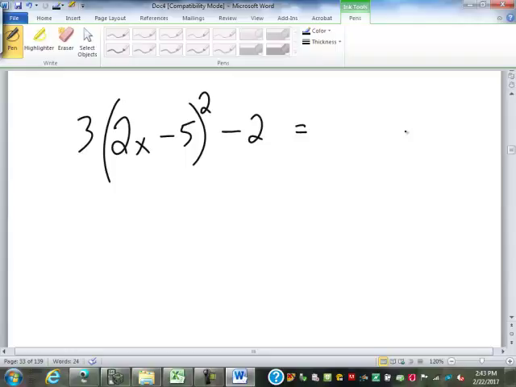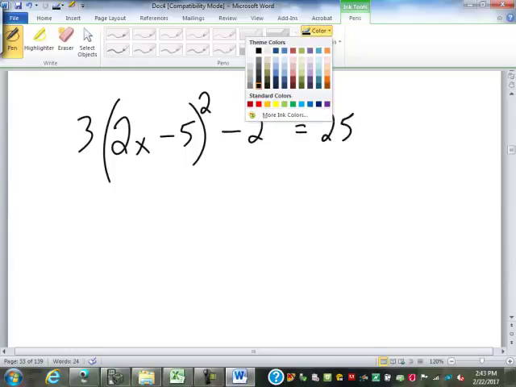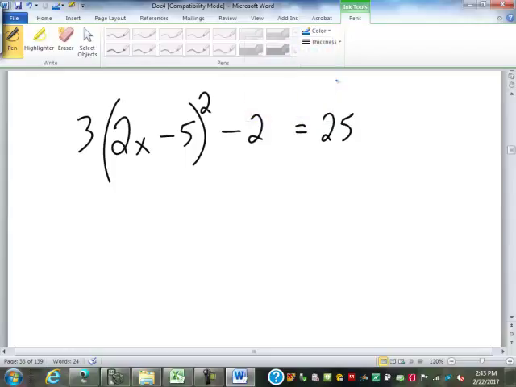Oh, let's see. 3 squared is 9, 27, 25. So looking at this one, this is a pretty ugly looking one.